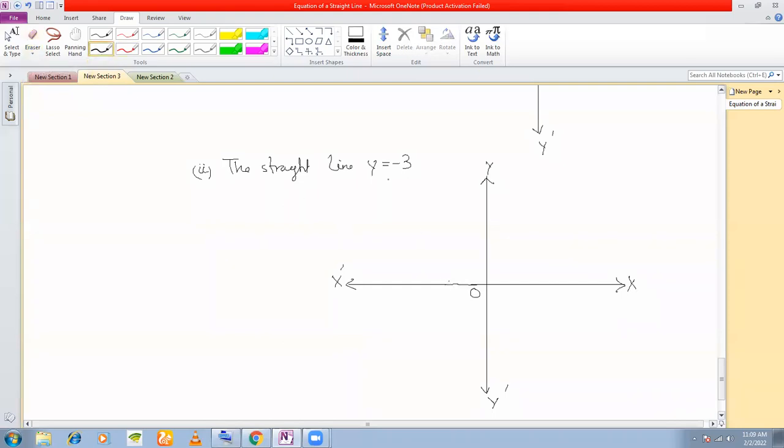This is of the form y is equal to b, isn't it? Which obviously has to be parallel to the x-axis. Therefore, you take 3 units in the negative direction, and you can draw a line like this, which is parallel.